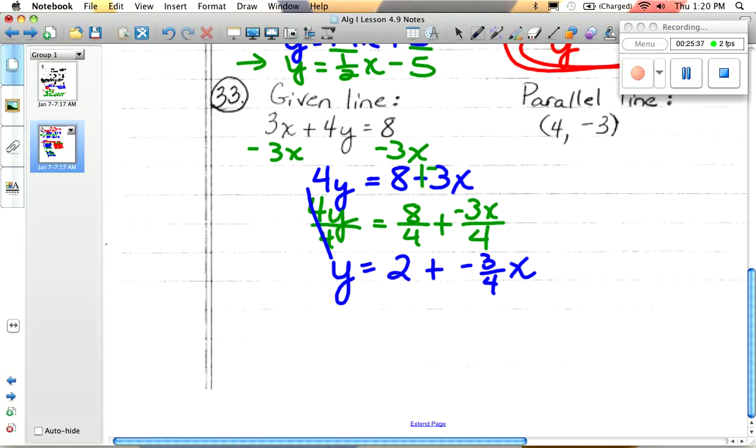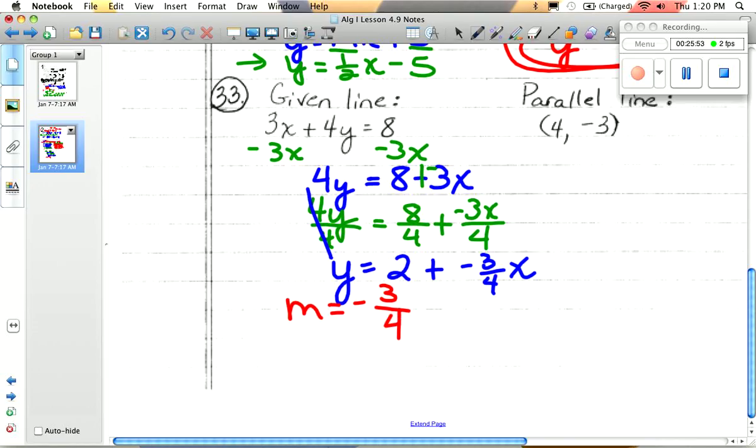And we went through all that work for what reason? Find the slope. We had to go through all that work to find the slope. What is the slope? Negative. Okay, so we know the slope of this line is negative 3/4.